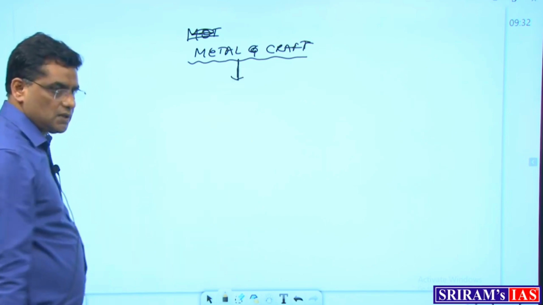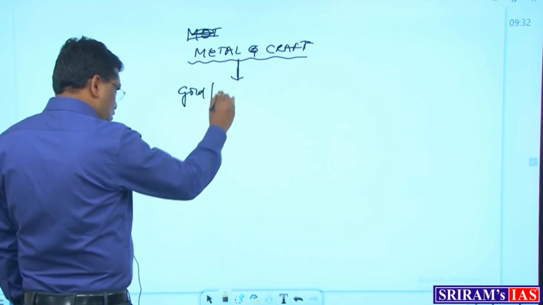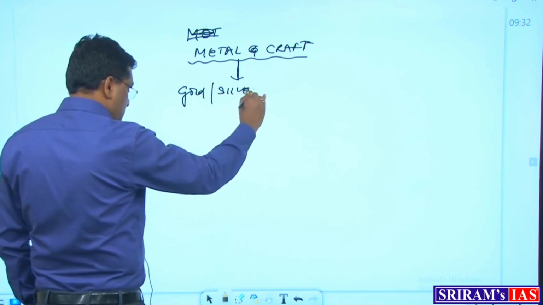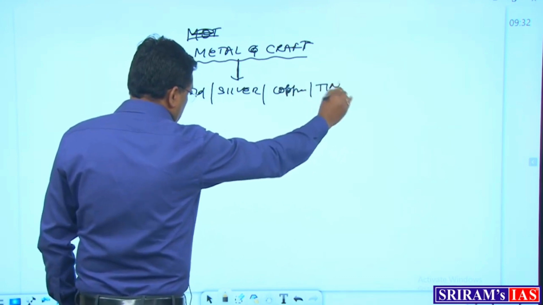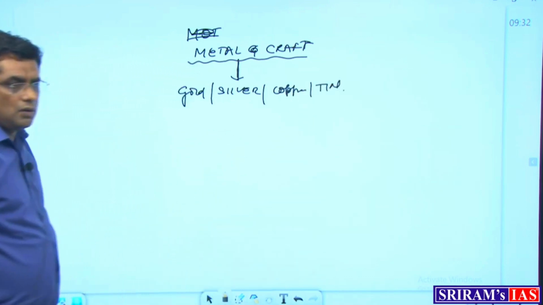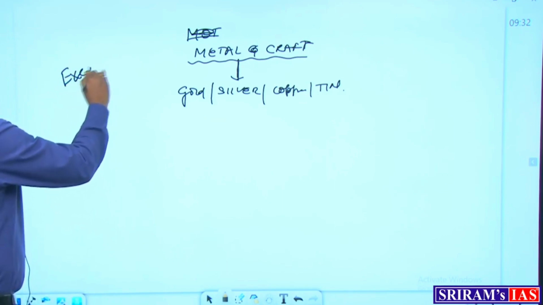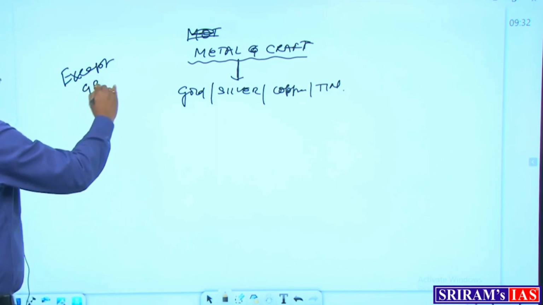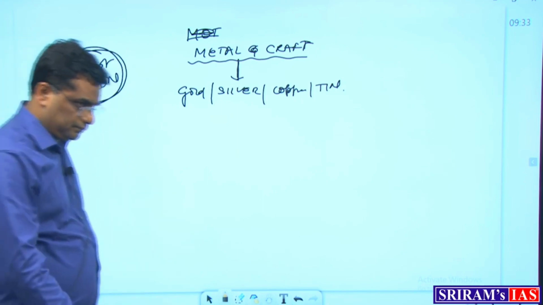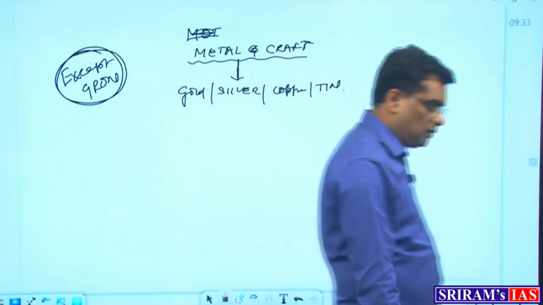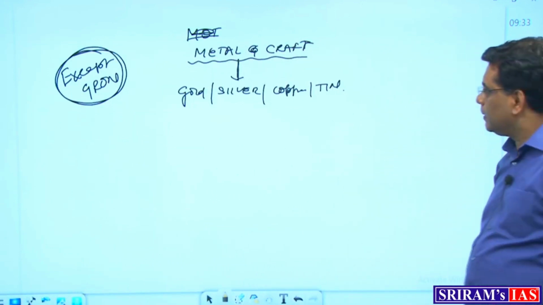Almost all the metals means gold, silver, copper, tin. Except iron, they knew everything.